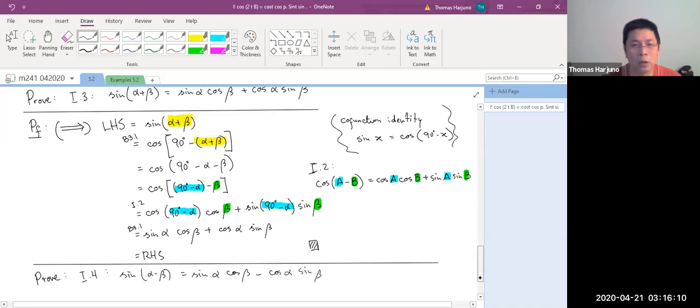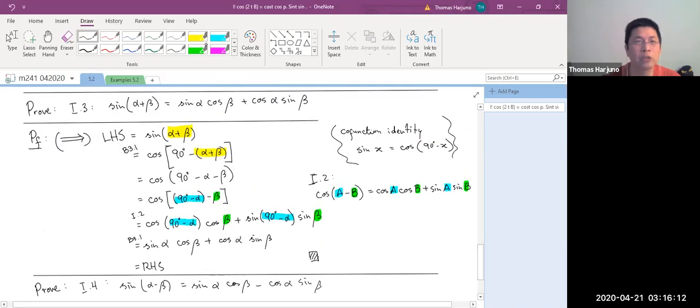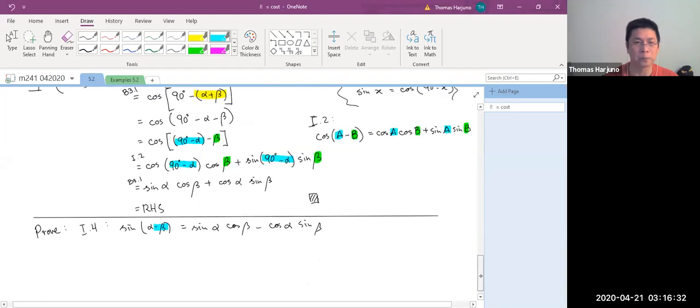Now, what do we do? You replace this b here by negative b, and see what happens if you use the formula 1, 3.